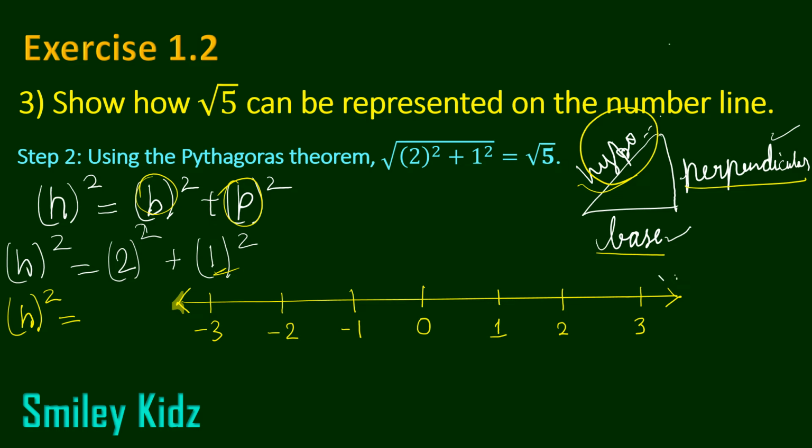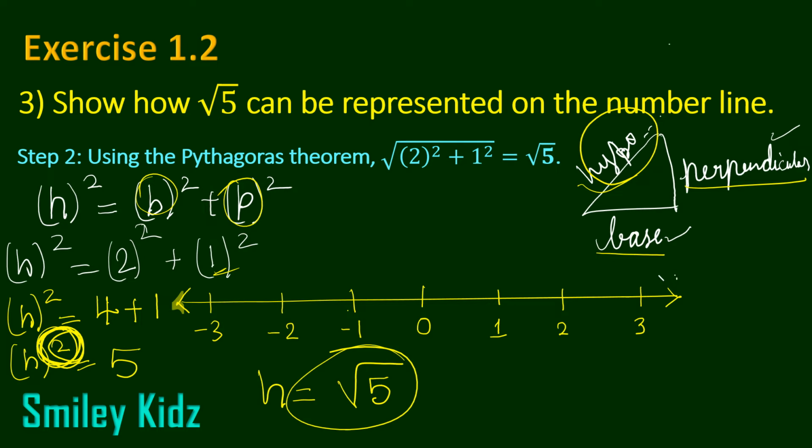Hypotenuse square is equal to, what is 2 square? 2 square is 4 plus, what is 1 square? It is 1 itself. Now h square is equal to, what is 4 plus 1? It is 5. Now, when the square goes to the other side, what does it become? Yes, it becomes the square root. And yes, we got root 5. Now the suitable base and perpendicular values are base is 2 and perpendicular is 1. Right, 2 units and 1 unit.